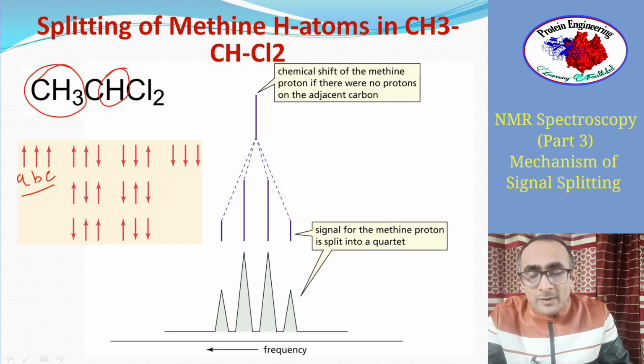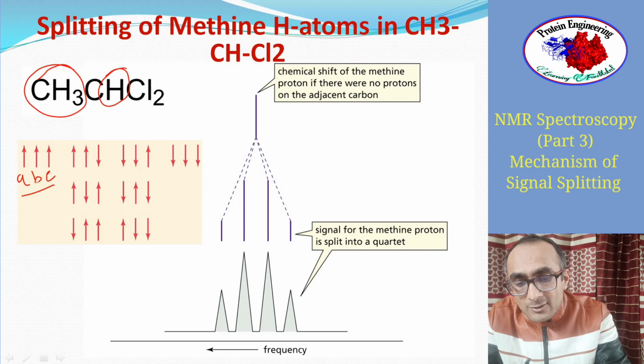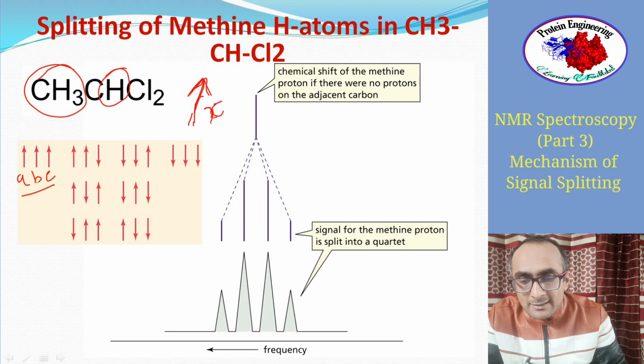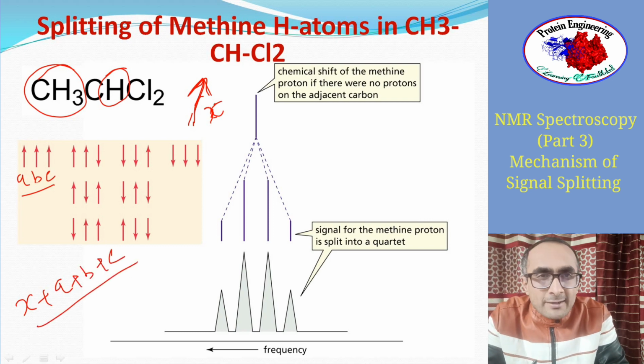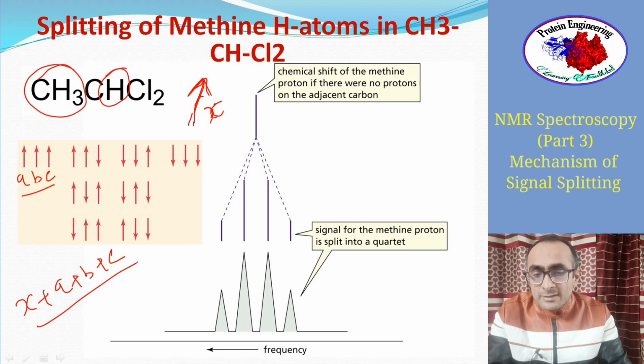So for example, if A, B, C, the three protons of the methyl group, are aligned in the same direction as the applied magnetic field, which we say is going upward on the page, with value X, then the CH proton would feel the magnetic field X plus A plus B plus C, means an additional, relatively very high magnetic field would be felt by the CH proton.